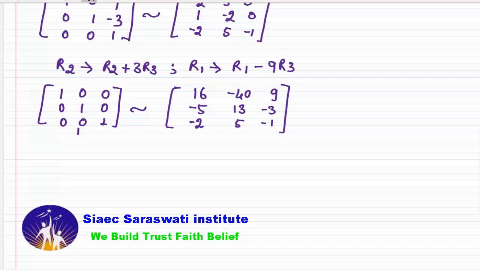As you know this matrix is I, so the equivalent of I as per the statement will be the A inverse.